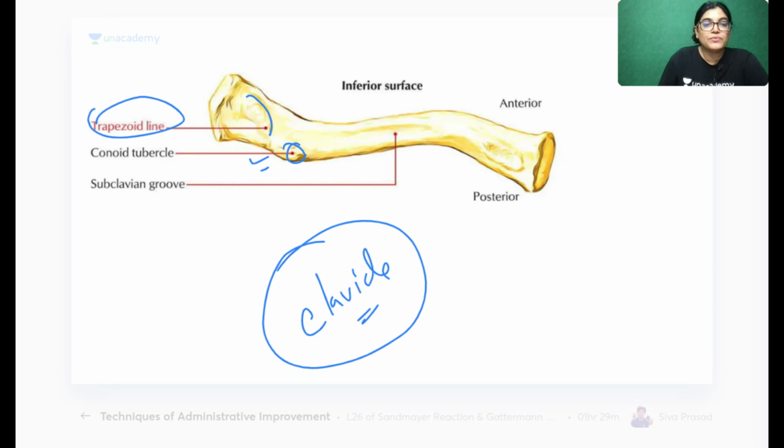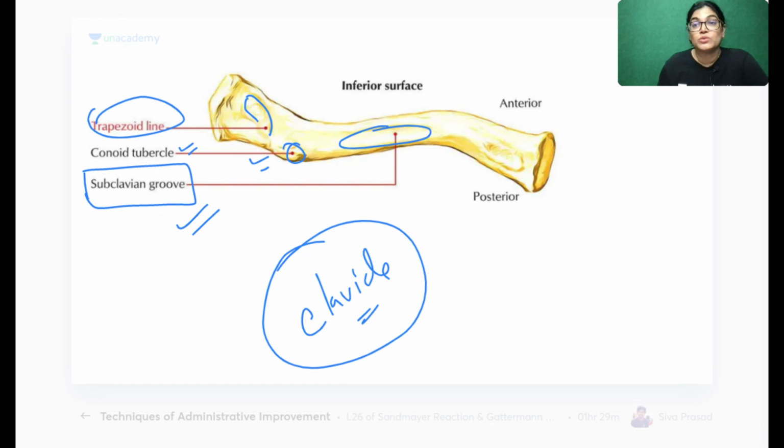Can you see? In the inferior aspect, you can also see the subclavian groove, which is giving attachment to the subclavius muscle. The trapezoid line and the conoid tubercle are giving attachment to the conoid and trapezoid parts of the coracoclavicular ligament.